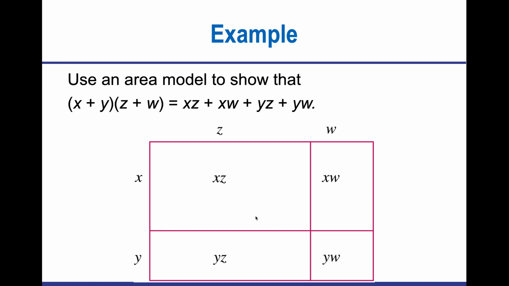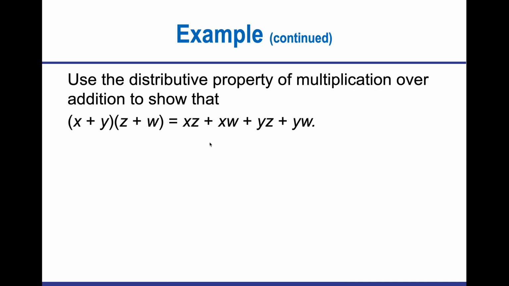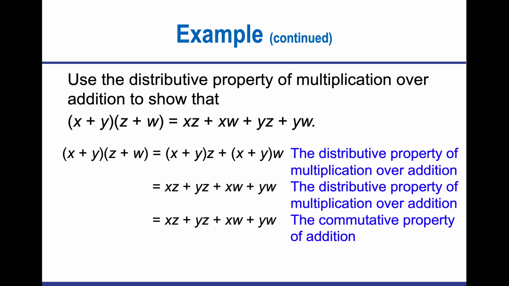So this is how we show an area model, because we say the sum of these parts is going to be the whole. So the distributive property of multiplication then shows that we do not FOIL this, that everybody gets an x, so z and w get an x, and everybody gets a y, so z and w get a y. So we're walking away from the idea of FOIL, and we're trying to show that everybody gets one.